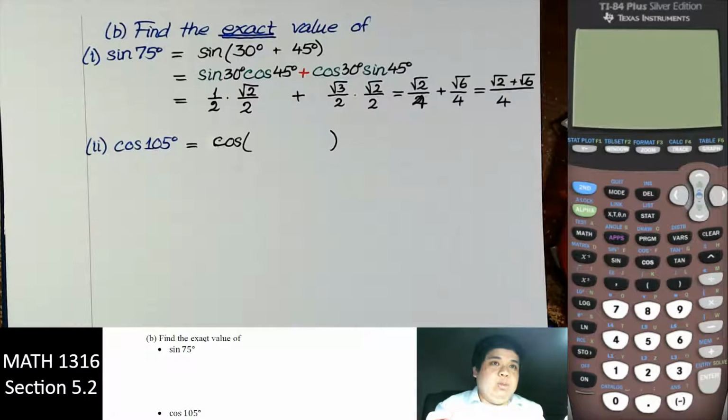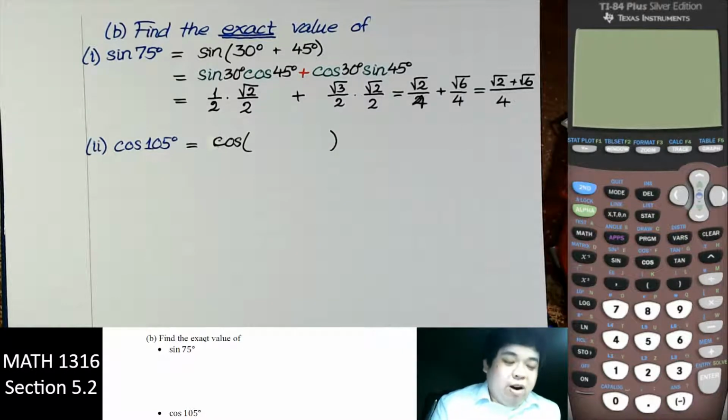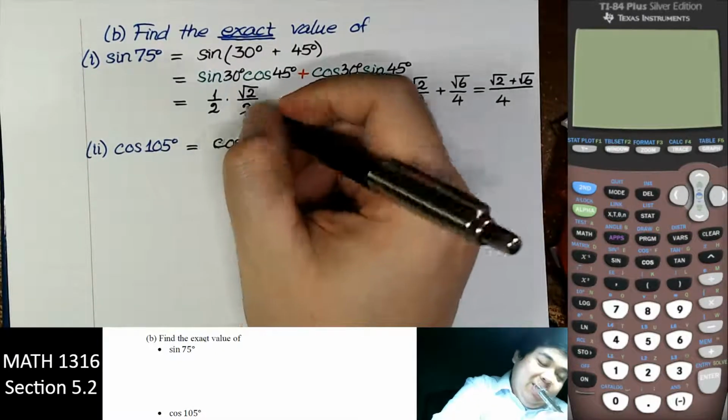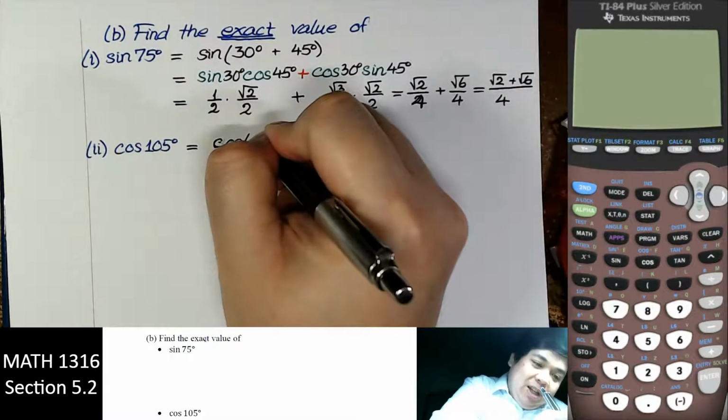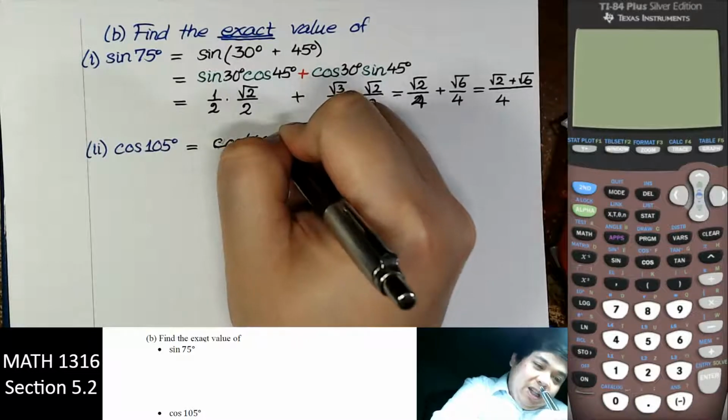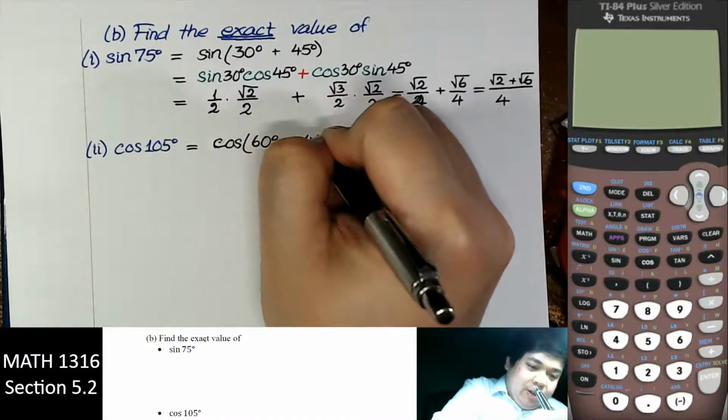That doesn't help, even though we know 75. 45 and 60, that certainly works. 45 and 60, or could be 135 minus 30. But here, let's see 60 and 45.